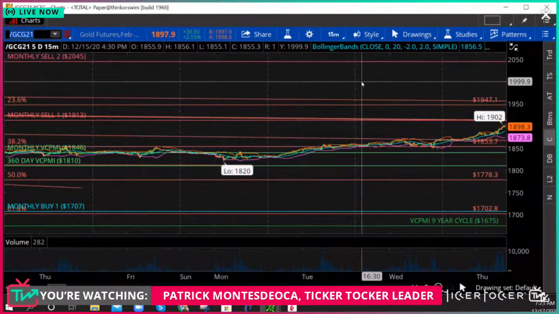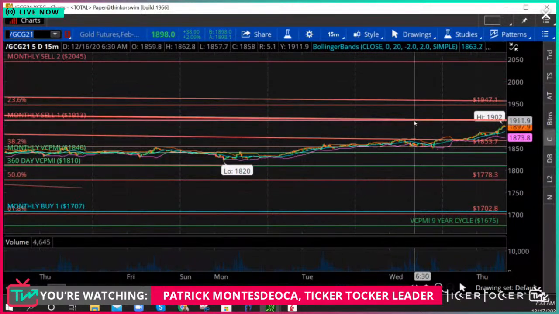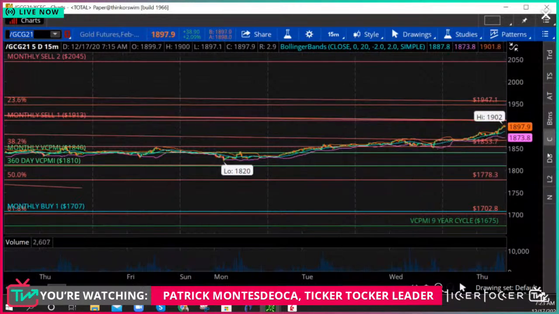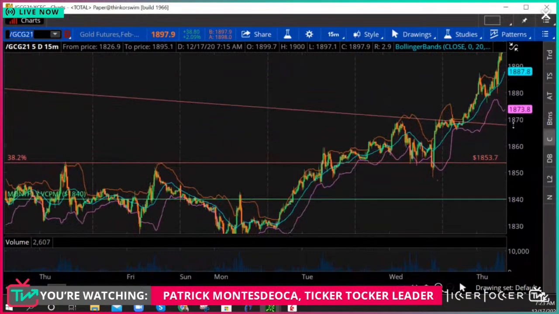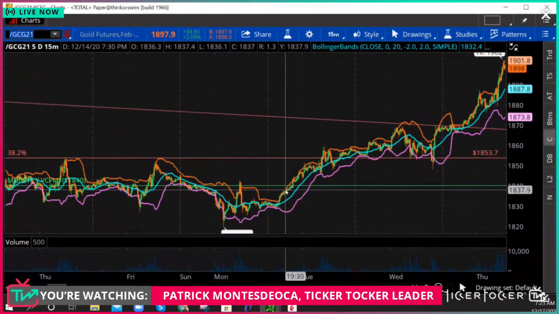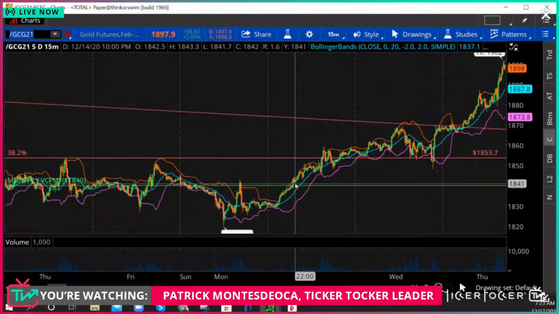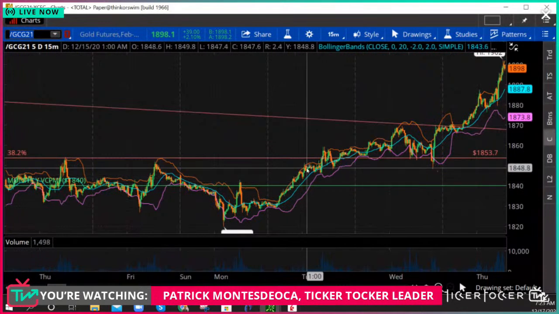If the buyers or the demand can absorb the selling pressure from these levels or go through that resistance, it begins to absorb all of the supply, and it begins to reflect in the price moving in that direction as more buyers take over the supply that's being offered.